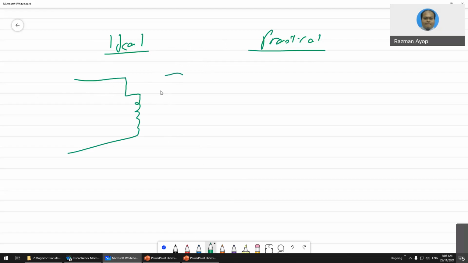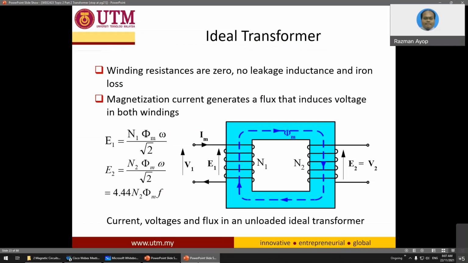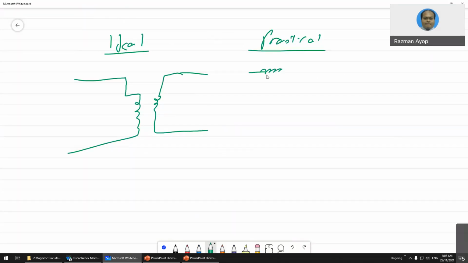You have a winding here. For the practical one, you have a winding resistance, something like this. And you have a leakage inductance.